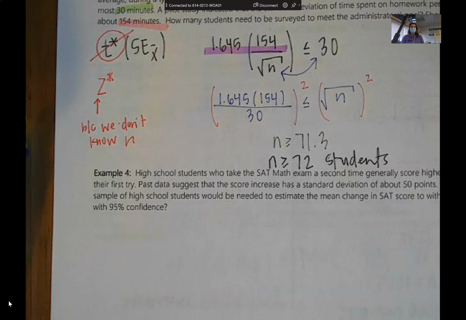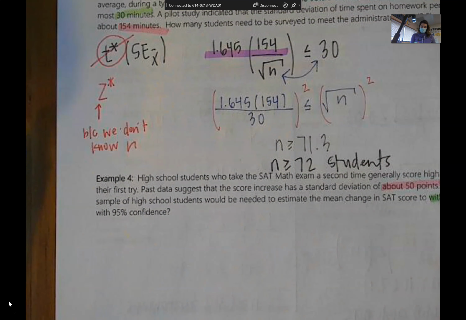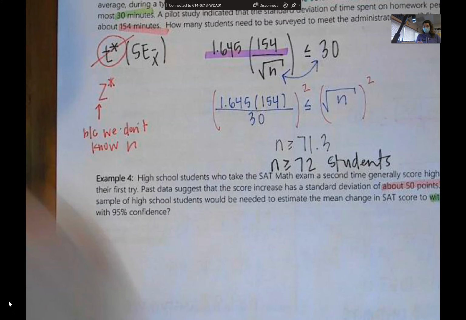You're hanging in? Okay. High school students who take the SAT math exam a second time generally score higher than on the first try. Past data suggests that the score increase has a standard deviation of 50 points. How large a sample of high school students would be needed to estimate the mean change in SAT score within 2 points with 95% confidence?